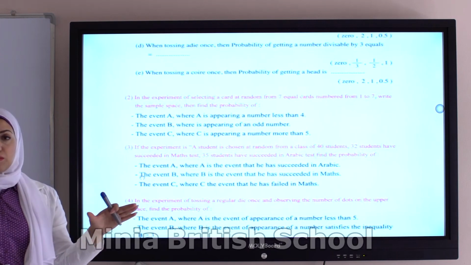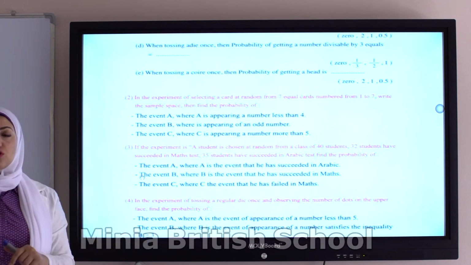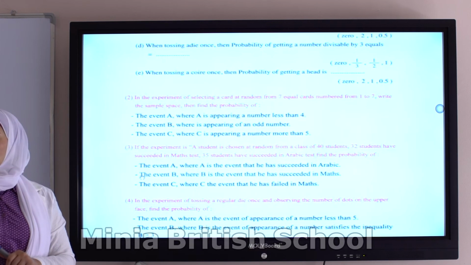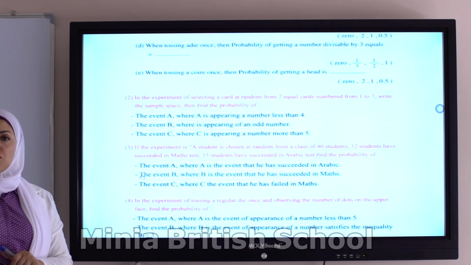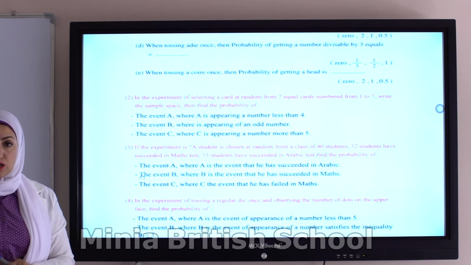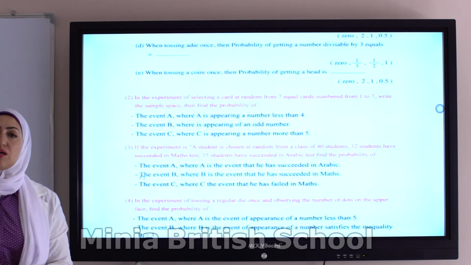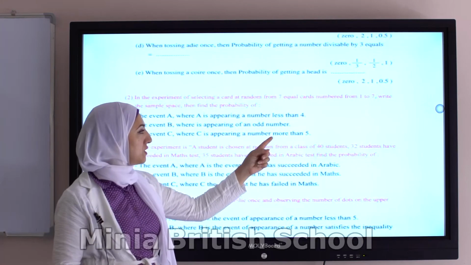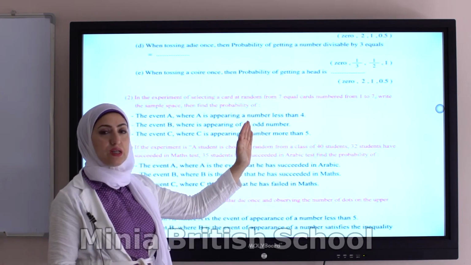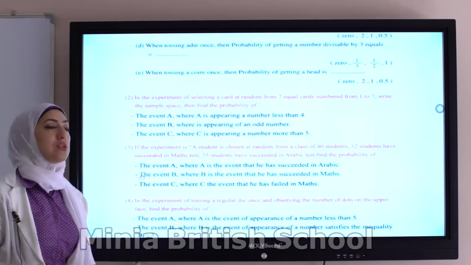Let's see the odd numbers from 1 to 7: 1, 3, 5, and 7. They are 4. 4 over the sample space 7. So the probability of event B equals 4 over 7.